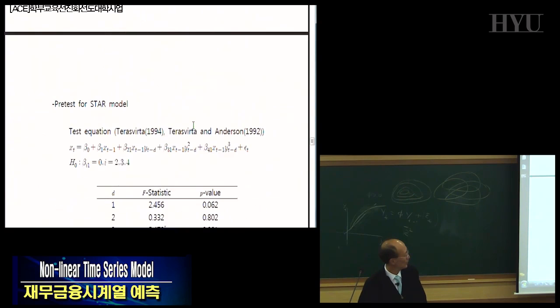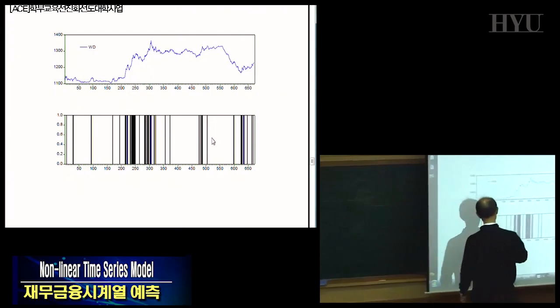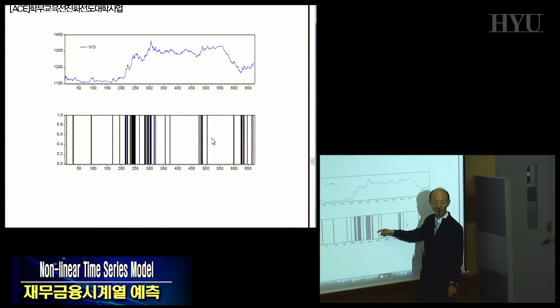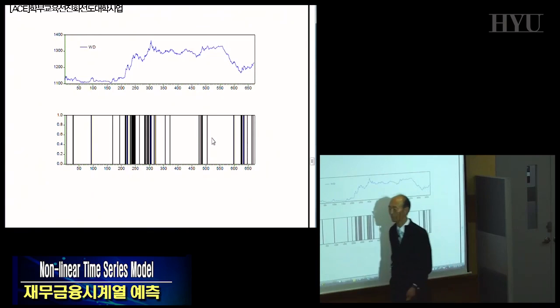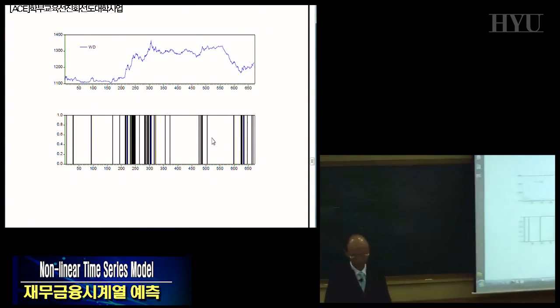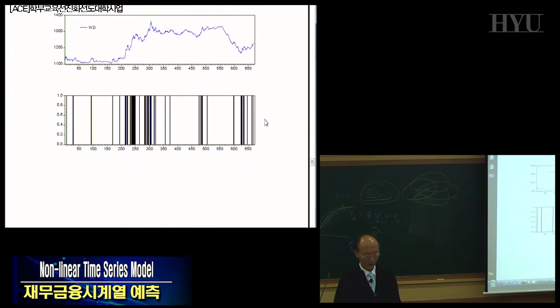So we don't see this graph as something like this. Instead, 0 or 1 or 0. Okay, that's a threshold model.